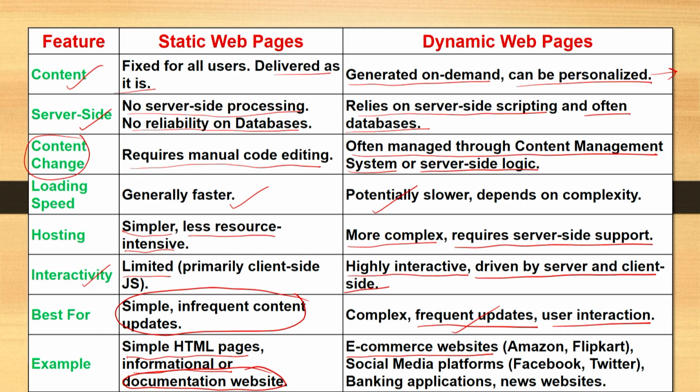So, it may be Amazon or Flipkart, any social media platform like Facebook or Twitter, any banking applications or the news websites. So, in short, in the case of static, it has fixed content that is not going to be changed, but in the case of dynamic, that content can be generated on demand.